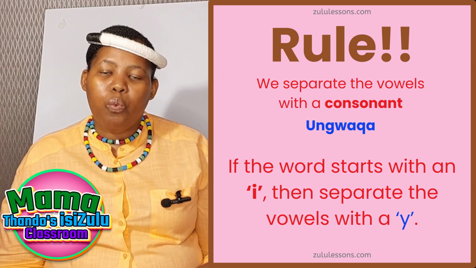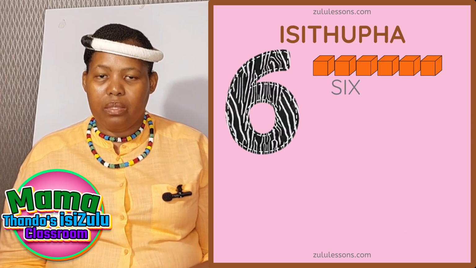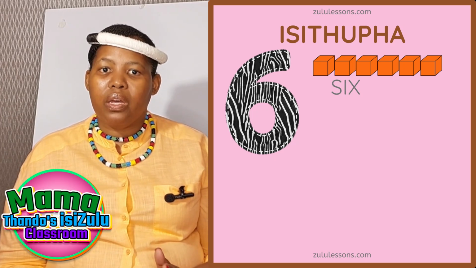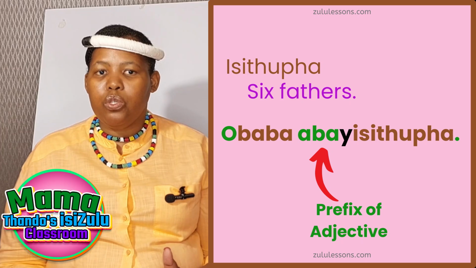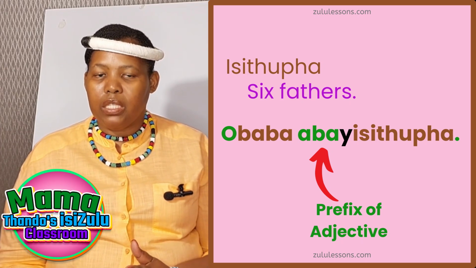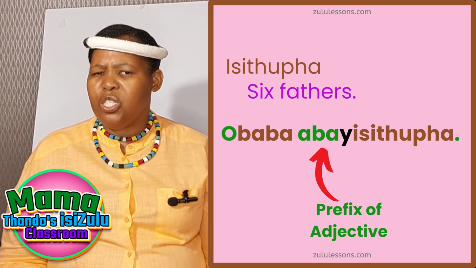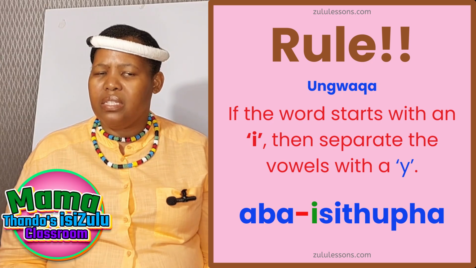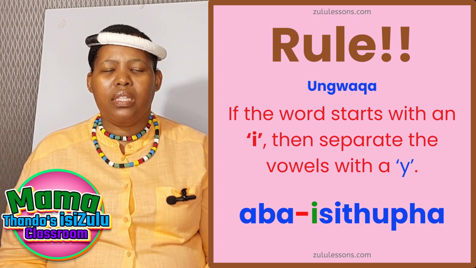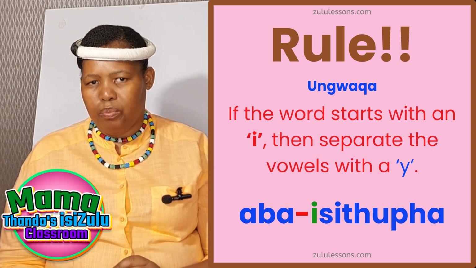And so the word here is isithupha, 6. It starts with an I. And so the letter that we are going to use to separate that aba and isithupha is a Y. But say we did not have that Y there, and you just accidentally or mistakenly wrote aba isithupha.